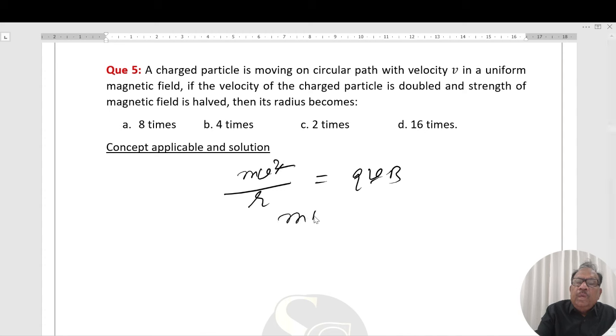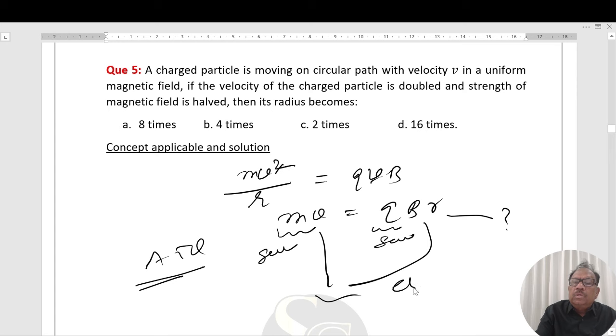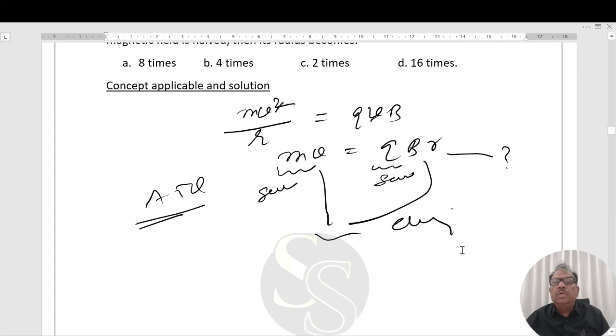So mv comes out to be QBR. Now according to the question, the charged particle means the same charged particle, so this is the same. What is changing? This is changing. We have to find this.